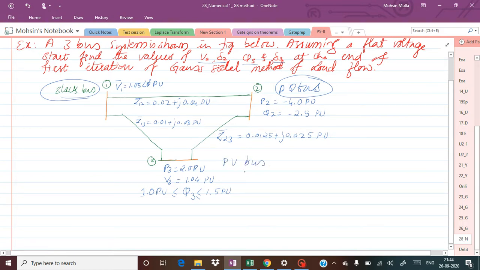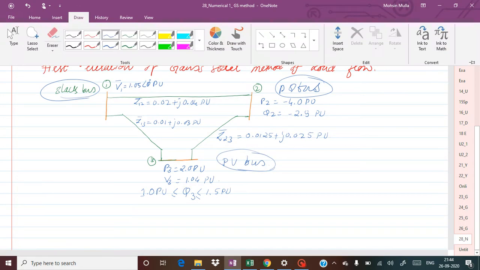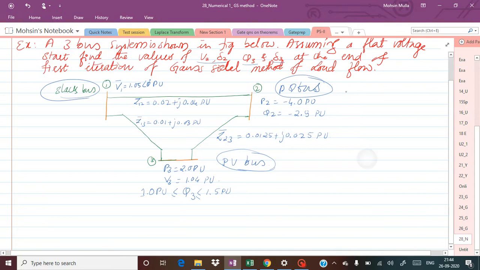So for the PQ bus, the variables will be V2 and del 2, and for the PV bus, P and V3 are known, so obviously Q3 will be unknown and delta 3 will be unknown.